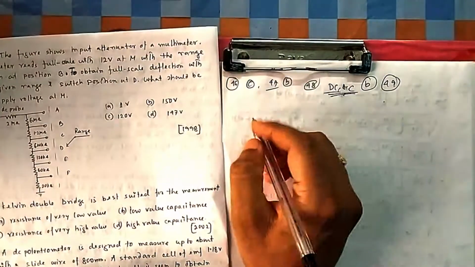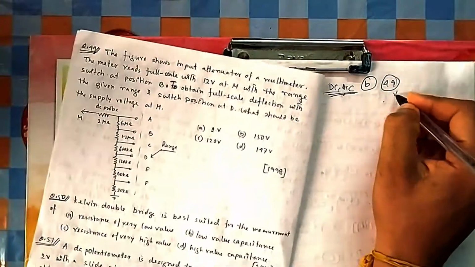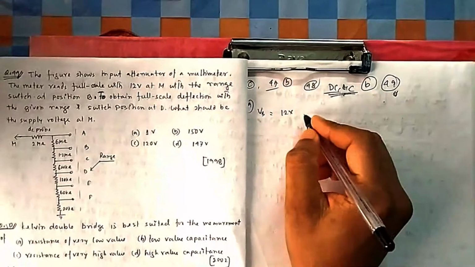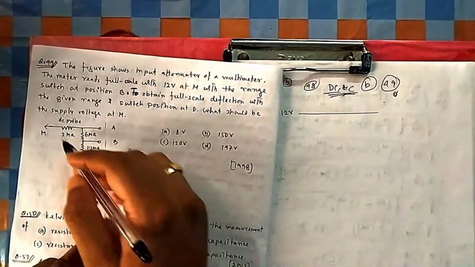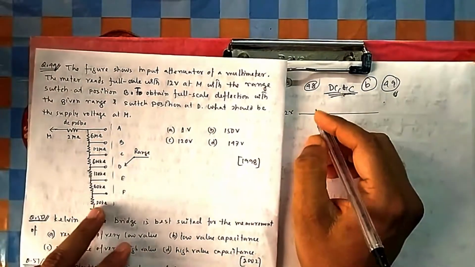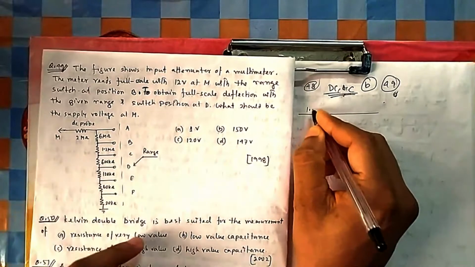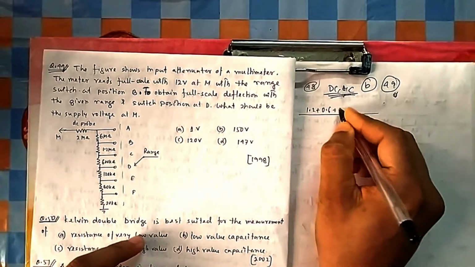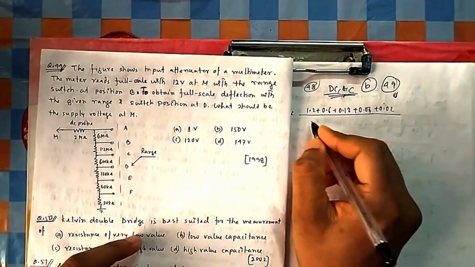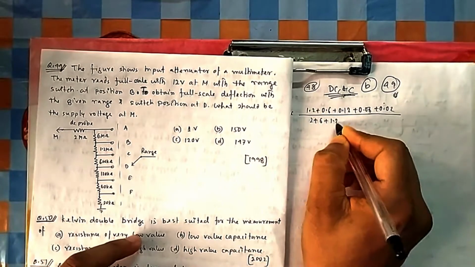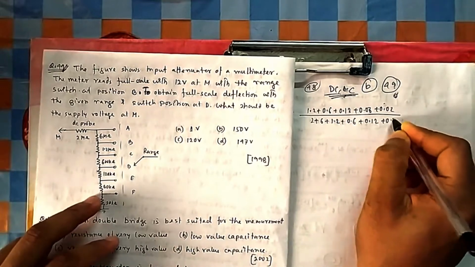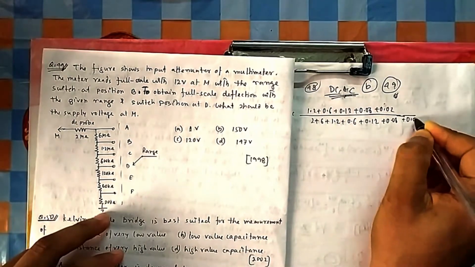So first let me calculate the voltage that I am getting, VB, when I am applying 12 volt. This is voltage division. Let me take everything in mega. It will be 1.2 plus 0.6 plus 0.12 plus 0.06 plus 0.02 mega, divided by 2 mega, 6 mega, 1.2 mega, 0.6 mega, 0.12 mega, 0.06 mega and then 0.02 mega.